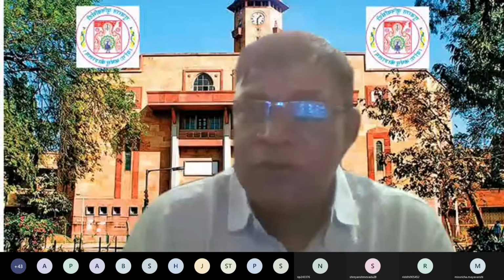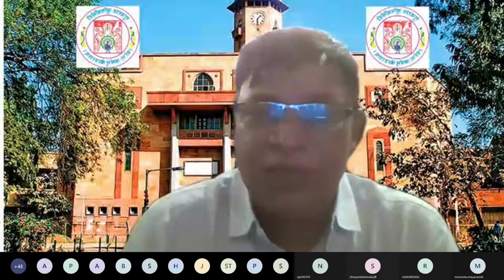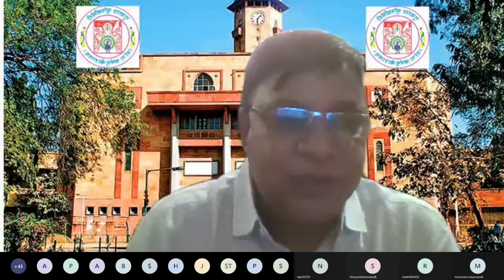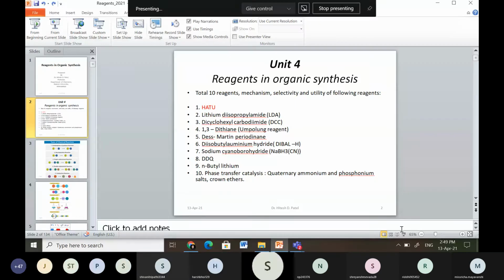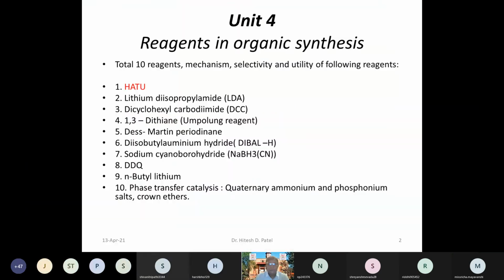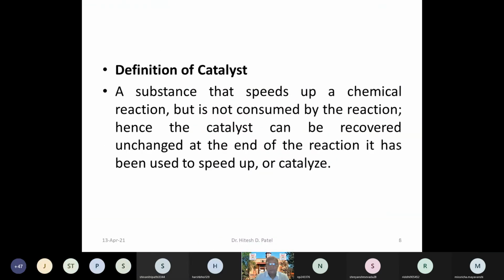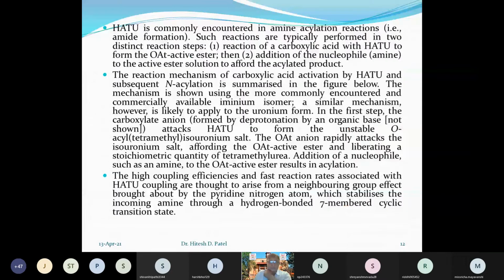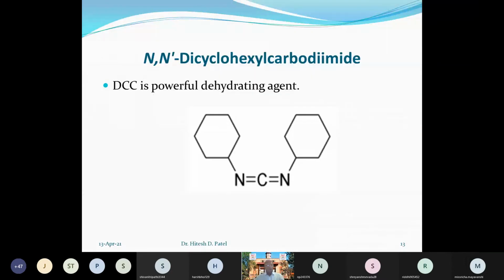So now I am going to start with the particular reagent. The first reagent is DCC, N,N-dicyclohexylcarbodiimide. As I said, this DCC is a powerful dehydrating agent.